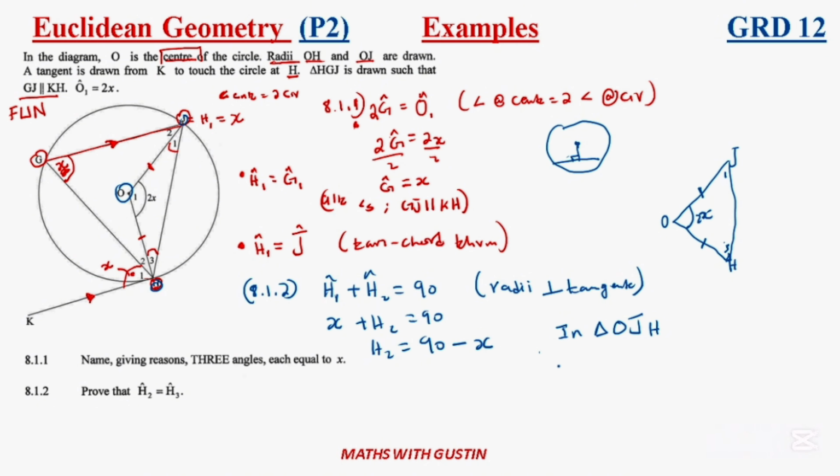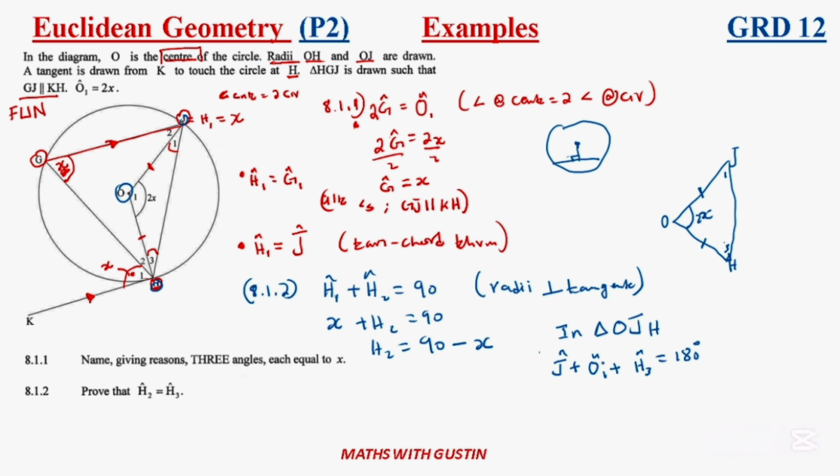So this is what you would do in this case. You're going to come and say, okay, J1 plus O1 plus H3 is equal to 180. We already know what O1 is. So O1, okay, do we know what J1 is? We really don't know what J1 is.